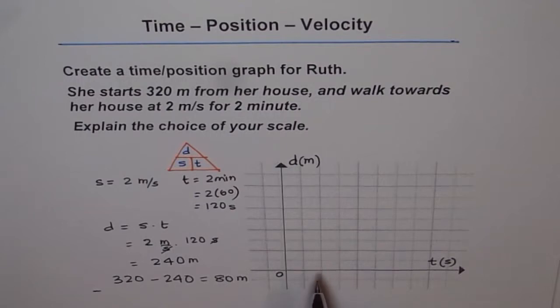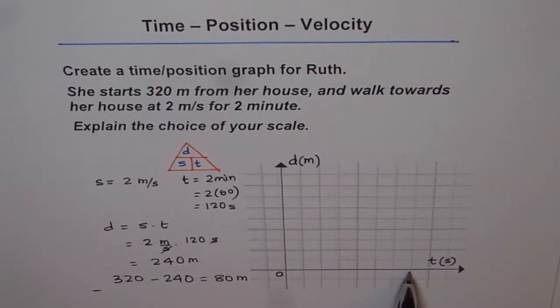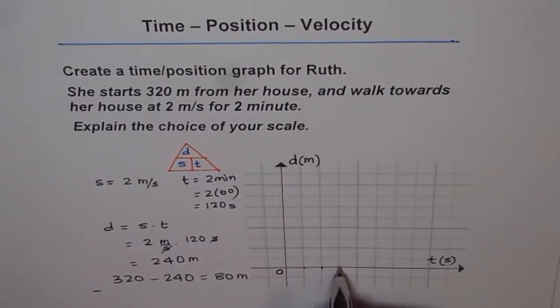Now let's select a scale. Along the time axis, we should have at least 120 seconds, because we have to cover the distance for 2 minutes. How many units do we have? 1, 2, 3, 4, 5, 6, 7. If we go by 20 seconds, it's a good idea: 20, 40, 60, 80, 100, 120.